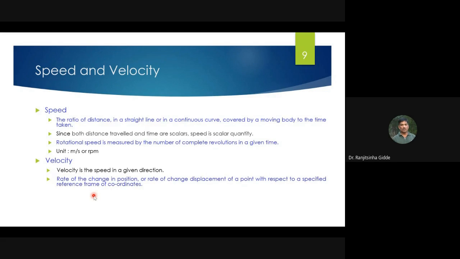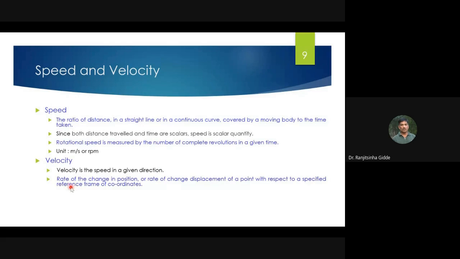Then it is related to velocity. And if that direction is missing, then you can consider it as speed. So velocity is speed in a given direction. If a particular direction is given, then it becomes velocity. So write down: velocity is speed in a given direction.